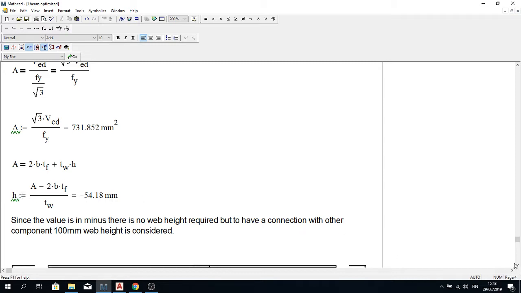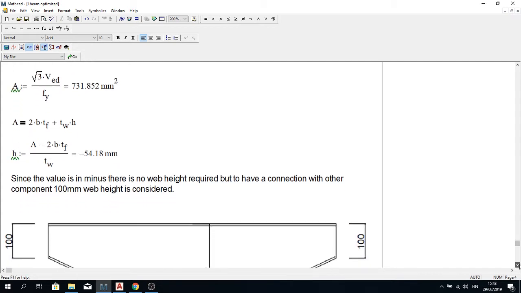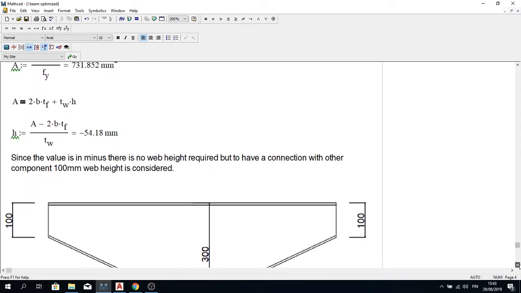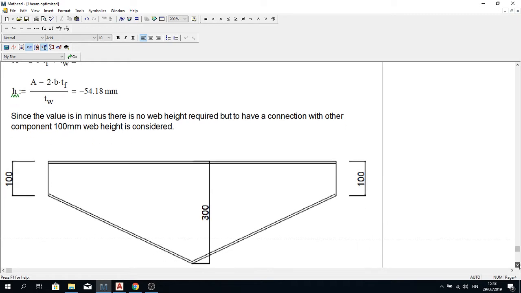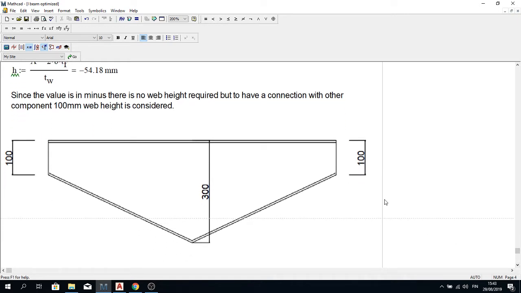That is why I would like to look at what is the required height for the web, and this gives me a negative value. That means we do not require any height at all, but due to the connection region, because we have to build a connection on the edges, that is why I have considered 100 millimeter on both sides. So at the end, the beam cross section would look like this.